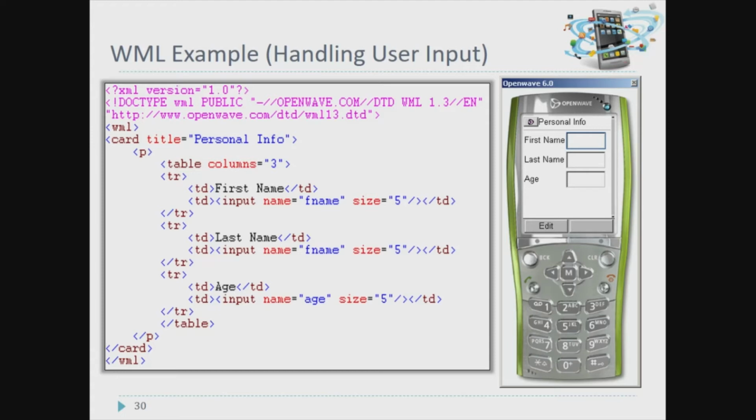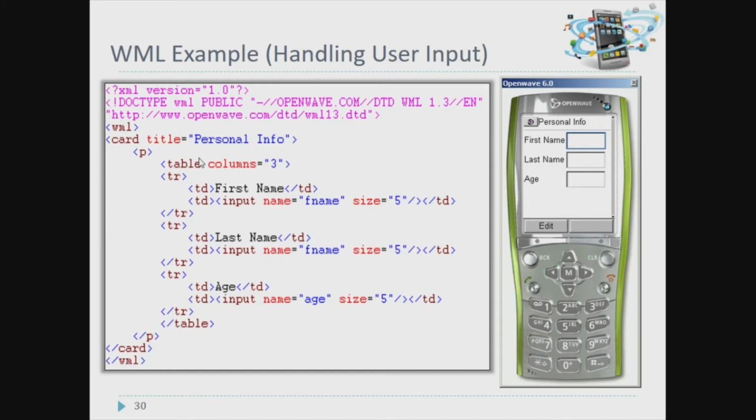Okay, this one is another example on how to handle user input, how to get the input from the user. So WML, open and close, and then we have card, and then we can have title. So it displays the title here, personal information, and then we can arrange the layout using a table.